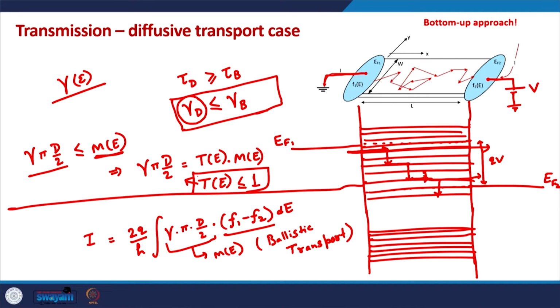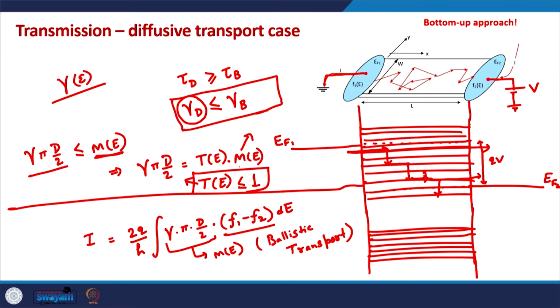So, in a way, this parameter Te accounts for the collisions, it accounts for the diffusive transport. It accounts for the intermediate collisions of electrons. So, in order to understand the diffusive transport case, we ultimately need to know what Te is, because we already know what Me is, so we just need to know Te, and all other things are known to us.